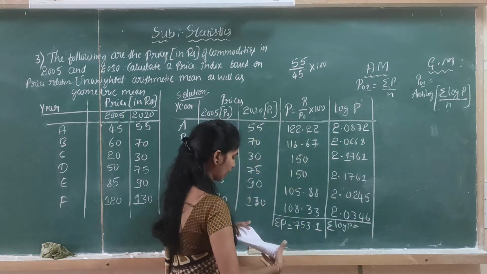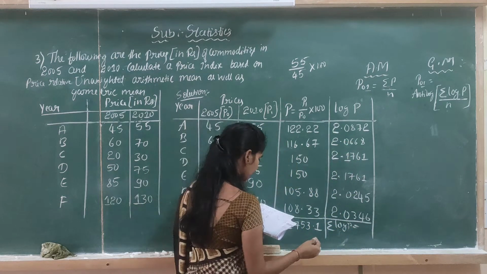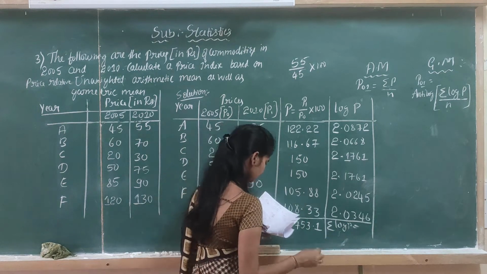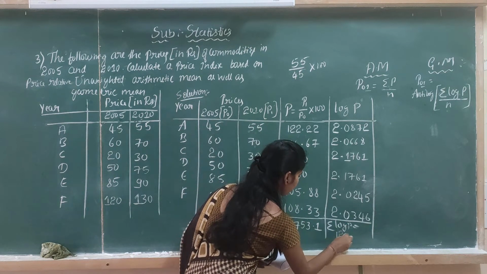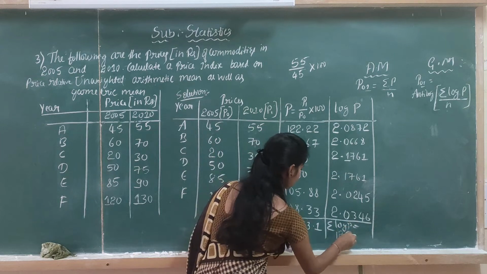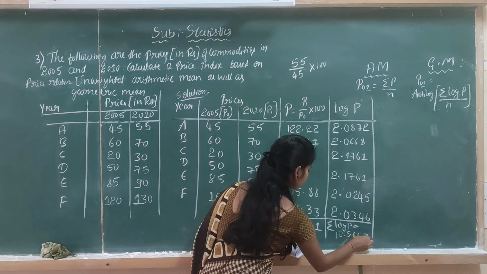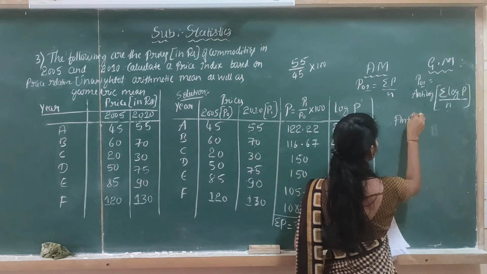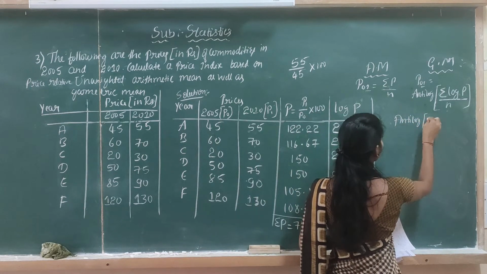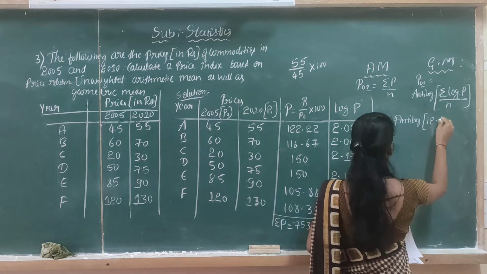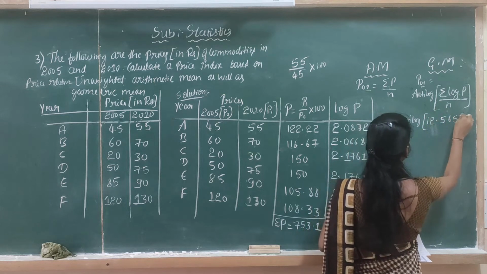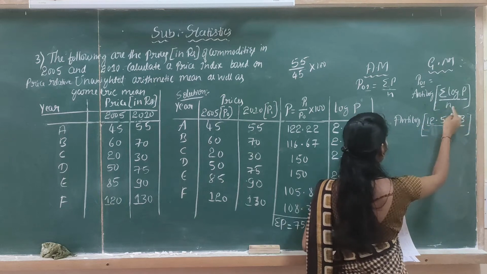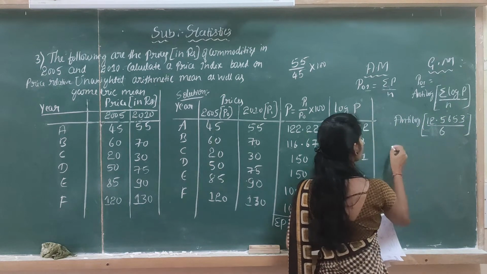Then total the values. The answer is 12.5653. Divided by 6, where n value is 6.